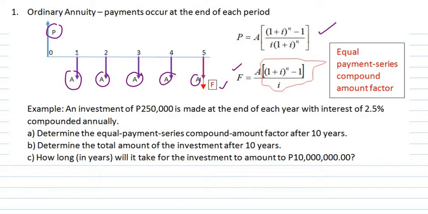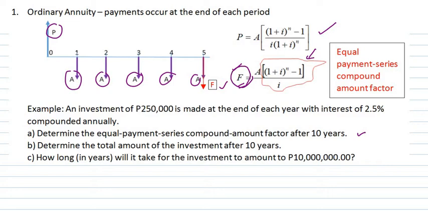Determine the equal payment series compound amount factor after 10 years. For letter A, we have this formula for the compound amount factor. Letter B, determine the total amount of the investment after 10 years. So probably we'll be using this formula F.